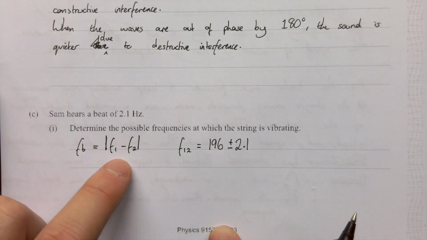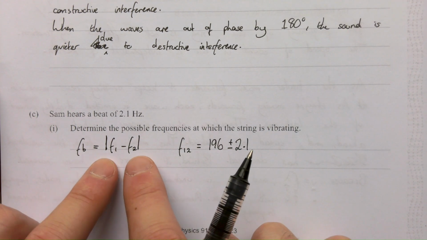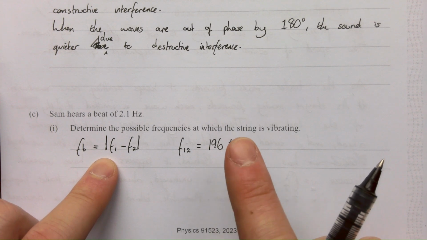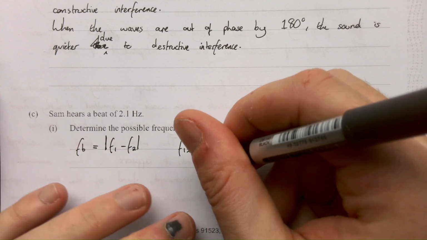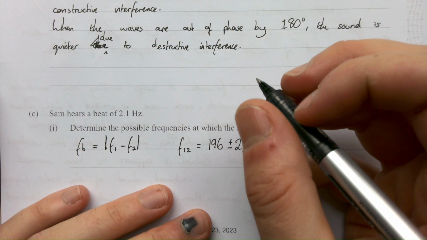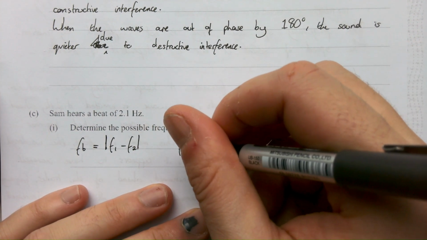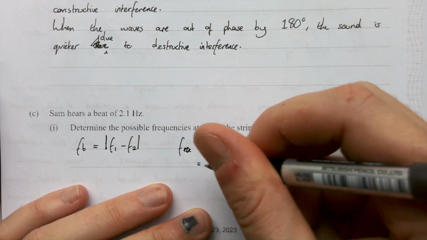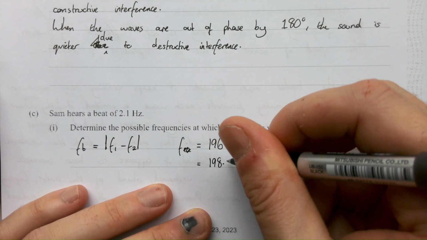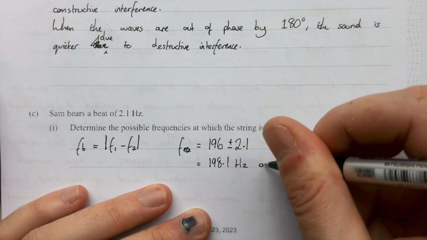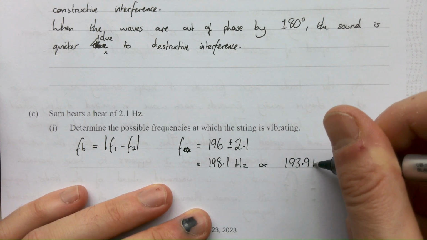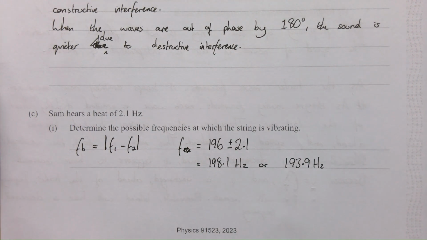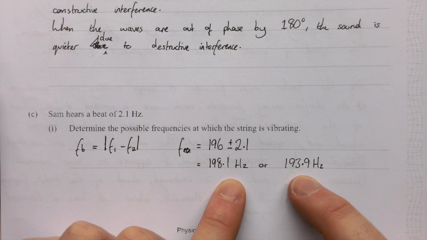Because we have this magnitude, this absolute symbol around it, it means it's either a plus or a minus. Therefore, the two frequencies are going to be 198.1 hertz or 193.9 hertz. So because we're not sure which one was the higher or lower one, we have two possible answers.